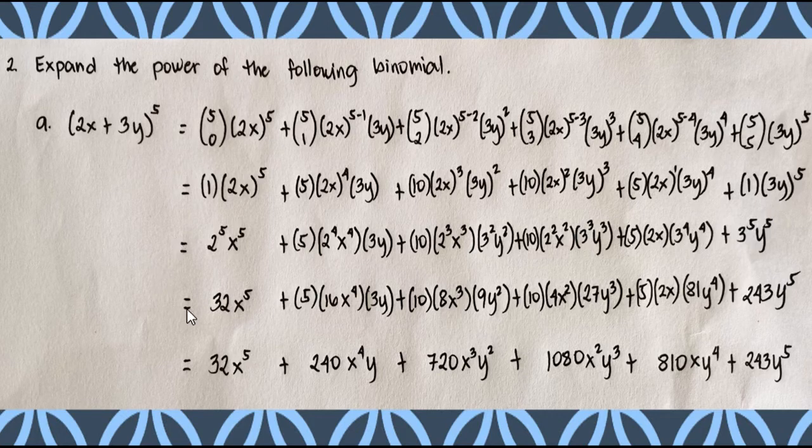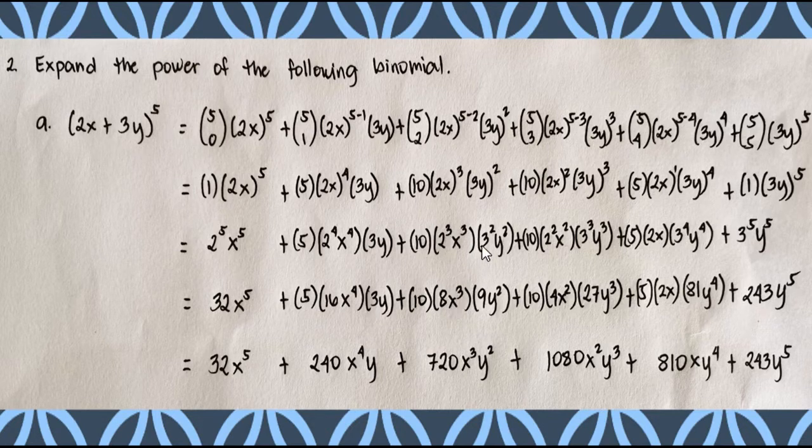Simplify pa natong. Ang 2 to the power of 5, that is 2 times 2 times 2 times 2 times 2, that is 32. X to the power of 5. Plus 5 times 2 to the power of 4 is 16. X to the power of 4, 3y. Plus 10. 2 cube is 8.